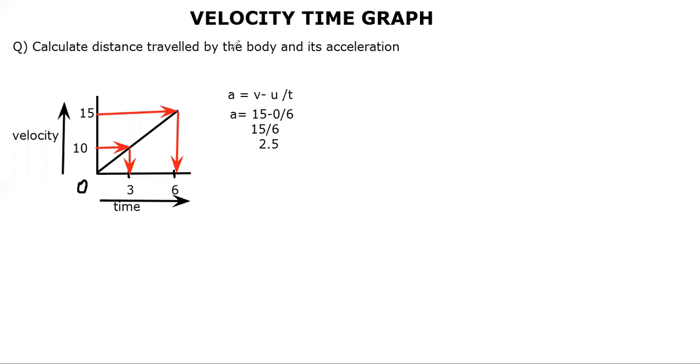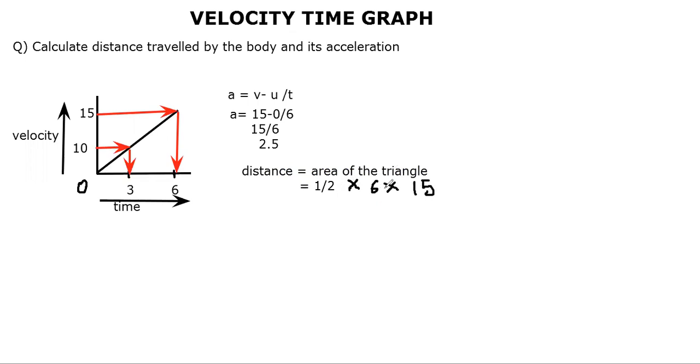Distance is equal to area of the triangle. You all know the formula of area of a triangle, that is half base into height. So half multiplied by base. The base from the triangle is from 0 to 6, that is 6, into height. You can see the height from 0 to 15. So height is 15. Solve this.